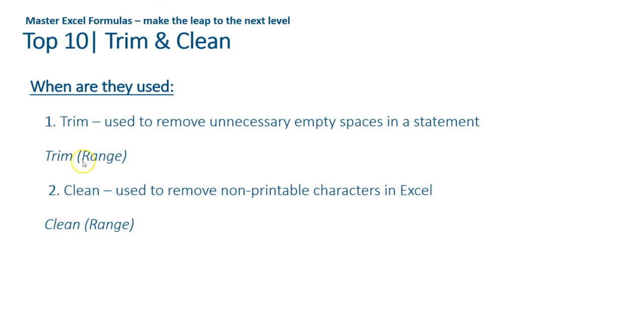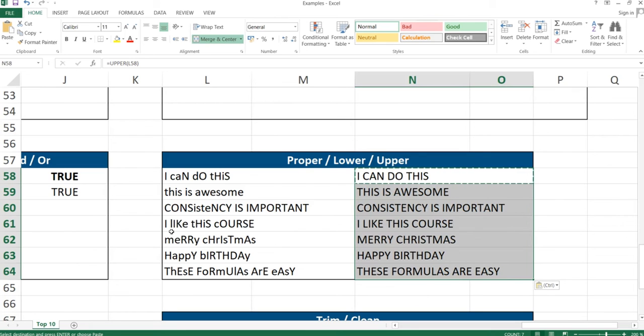All we need to do is select the cell or the range. Clean does something a little bit different. It is used to remove non-printable characters in Excel. Again, the structure is the same as the trim function. So let me show you what I mean by this by giving you a couple of examples.